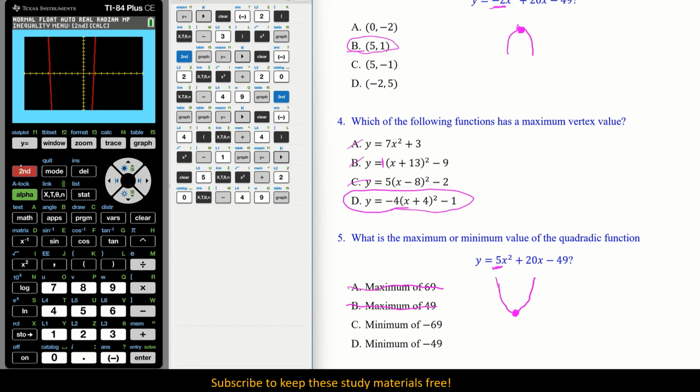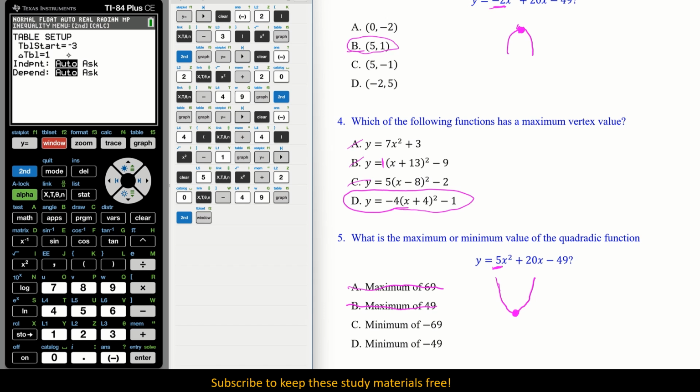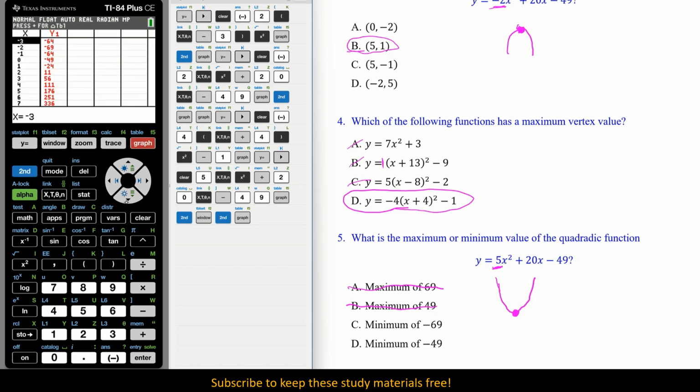So let's set our table. Our table, well, it's already at -3. That's already entered from prior. And it's got steps of 1. So I think we'll be okay with that. So go second graph, look at our table. Let's see, and let's arrow up. Let's see what happens.